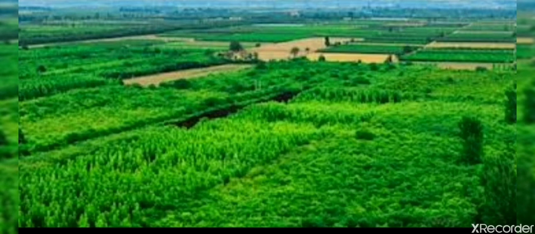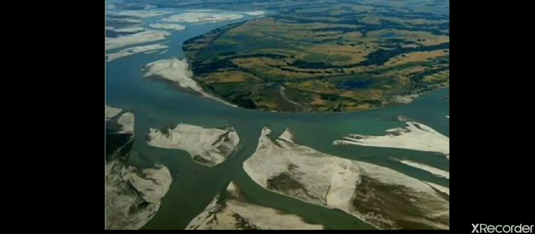As we know, the northern plain has been formed by the rivers coming from the Himalaya, which are involved in depositional work in the lower course. These rivers get gentle slope, that is why the velocity of the river decreases, which results in the formation of riverine island. Here you can see it is riverine island.